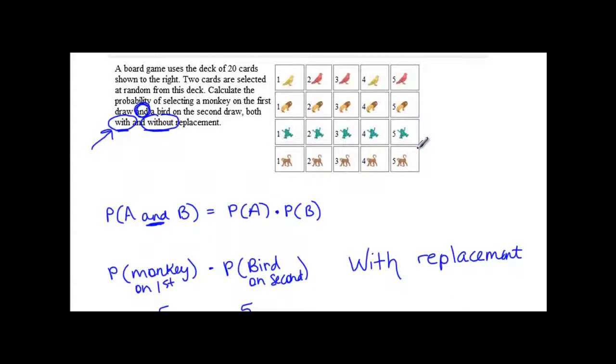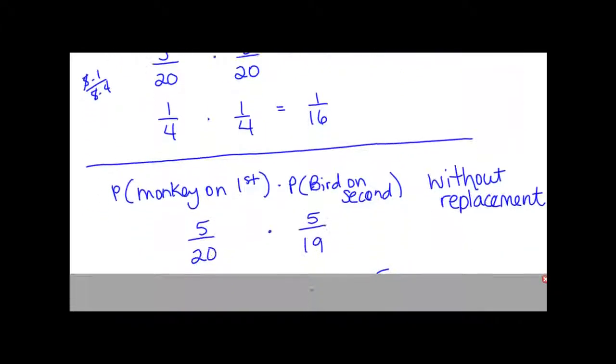If I don't replace the card, and you do assume that there was a success on the first draw, so if I now eliminate this card because we haven't replaced it, I have a total of 19 cards. There's still 5 bird cards left. So we would have 5, but this time out of 19.